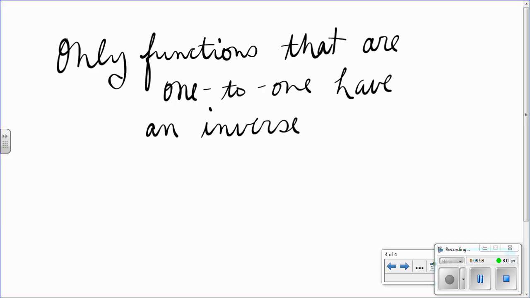One-to-one means that the x doesn't repeat and the y doesn't repeat. It passes a vertical line test and a horizontal line test. That's one-to-one.